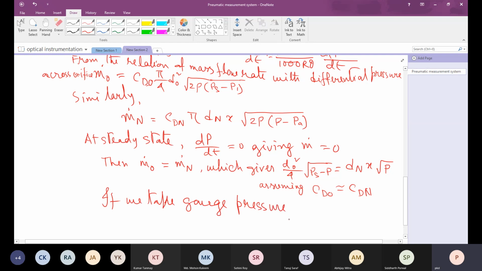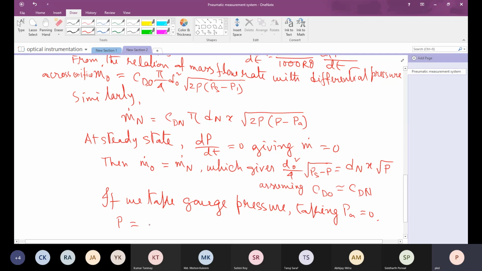so what is gauge pressure? Gauge pressure is the pressure with respect to the atmosphere. So that means we take the atmospheric pressure as 0 or the reference, taking PA equal to 0.